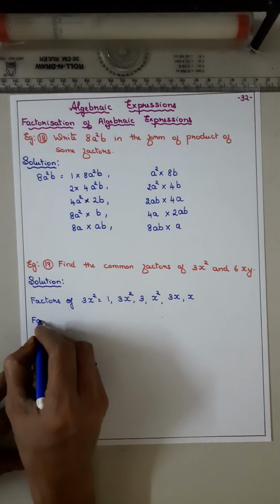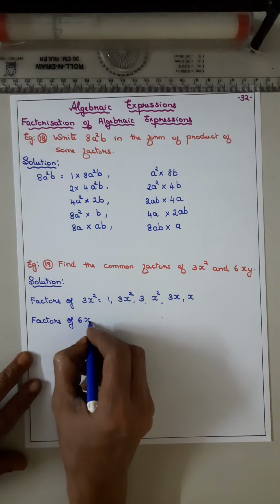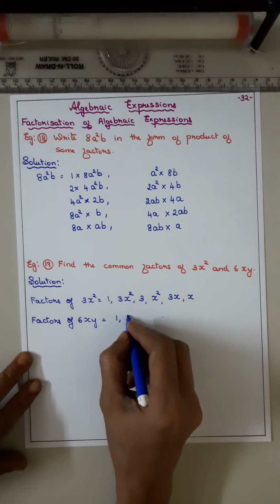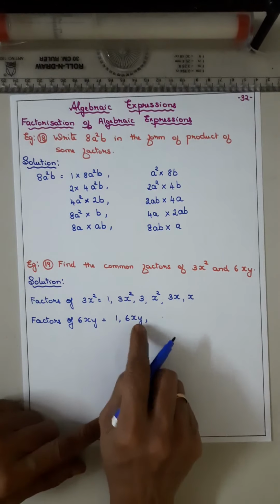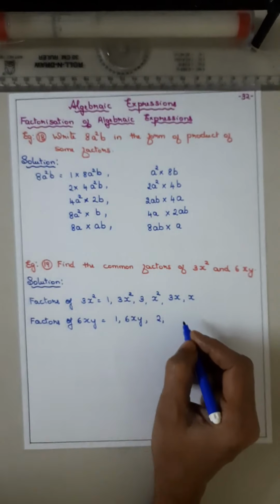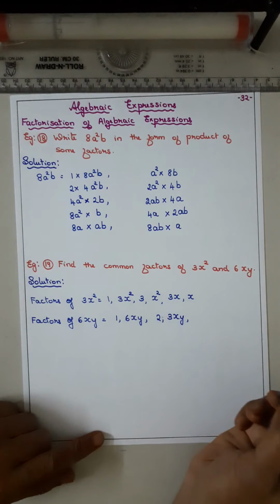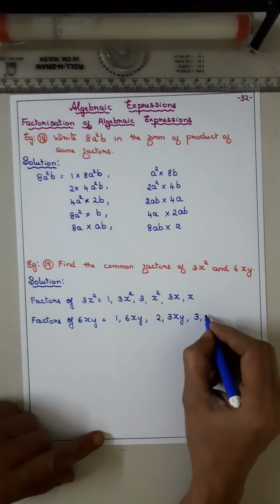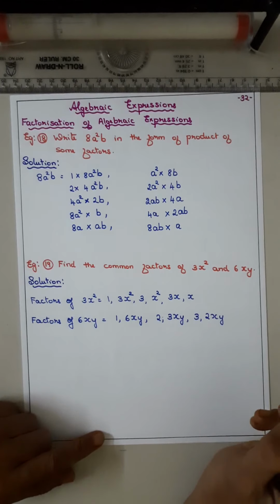Now factors of 6xy. 1 and the number itself, isn't it? If you take 1, 6xy. If you take 2, 2 threes are 6, so 3xy. Now if you take 3, the other will be 2xy, isn't it? 3 twos are 6 and xy.